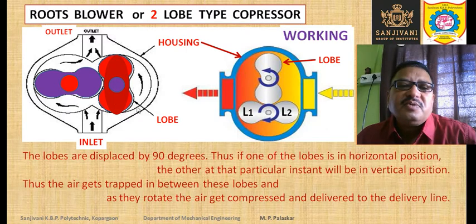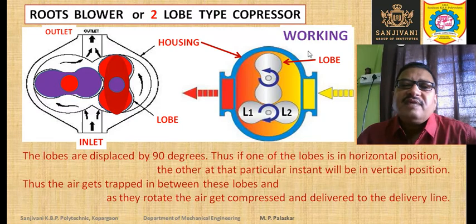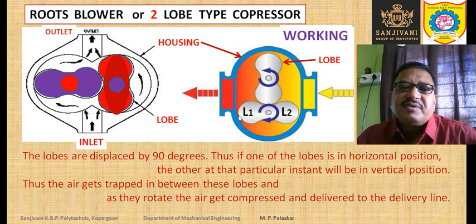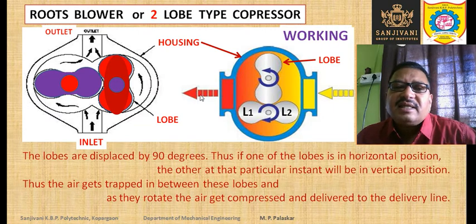Here also it will move like this, okay? Here you can see that this air will travel in this direction because the space travels in this direction. Here also you can see that the space travels in this direction and the air will leave the compressor from here. This is the exit of the air, compressed air. So the air is blown like this from the inlet to the outlet.